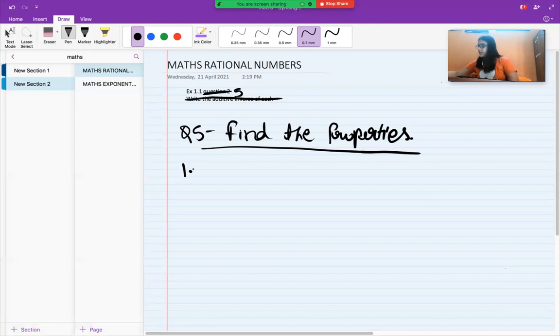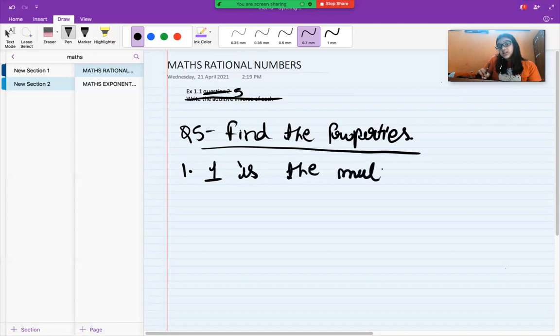So the first one is 1 as the multiplicative identity.